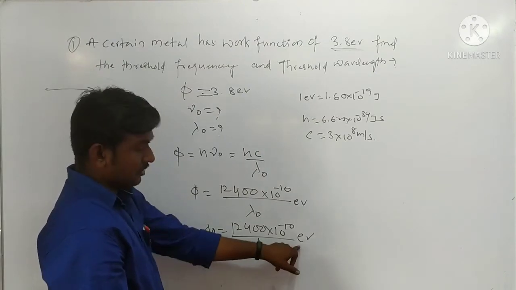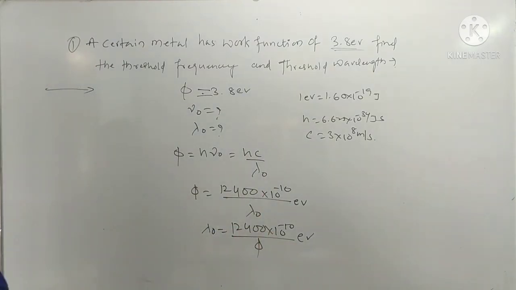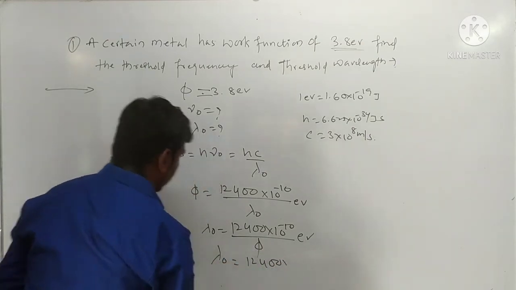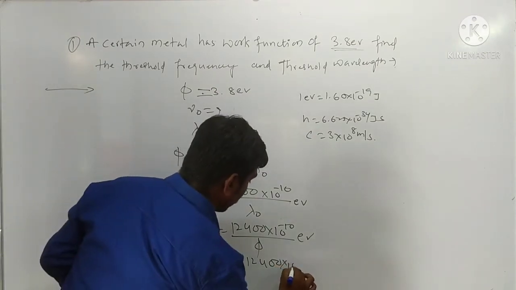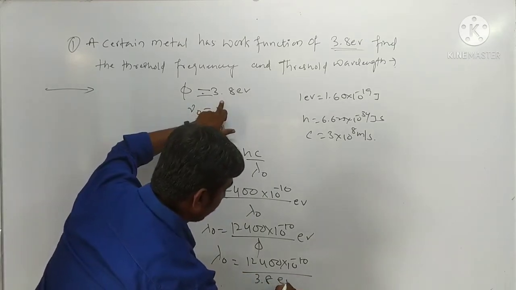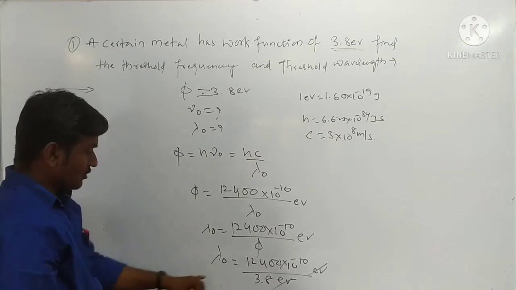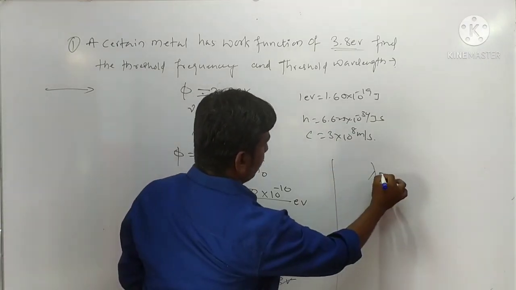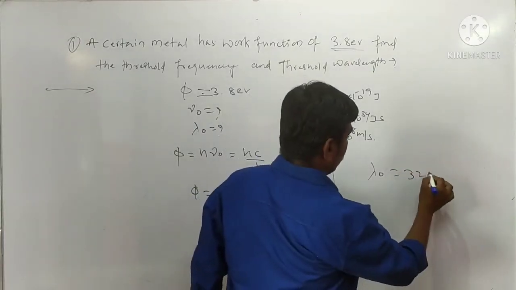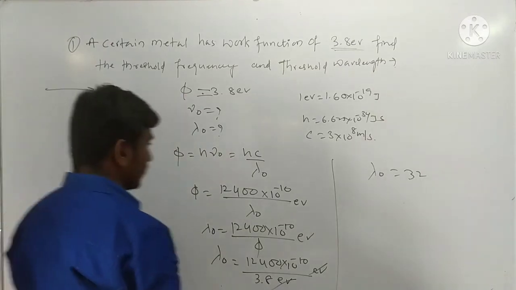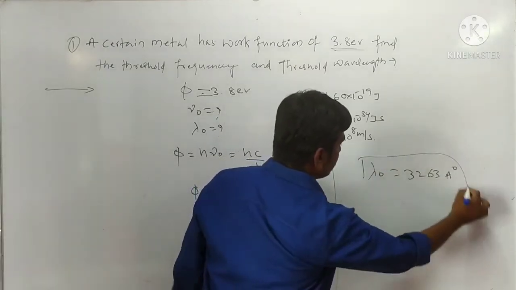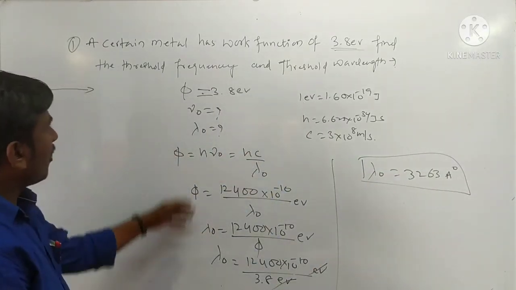The electron volt gets cancelled. So lambda naught equal to 12,400 into 10 power minus 10 divided by 3.8. Dividing the things, we get 3263 angstrom. Okay, 10 power minus 10 is written as angstrom. This is the threshold wavelength of this metal.